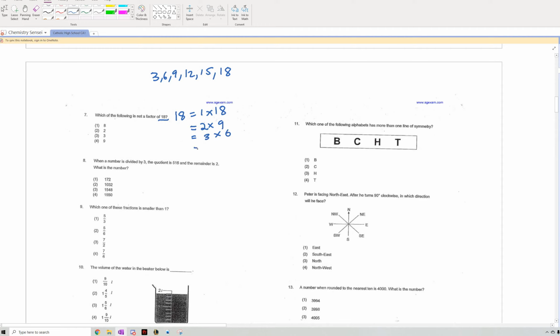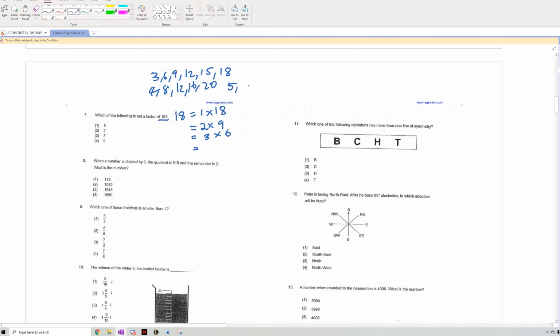How about 4 times table? So we have 4, 8, 12, 16, 20. So 4 is not a factor of 18. How about 5? Straight away, we can establish that 18 does not have a factor of 5. Why? Let's take a look at the times table of 5.